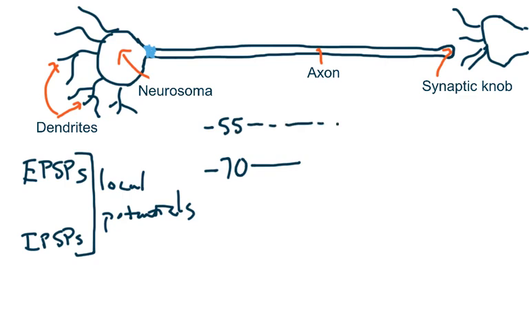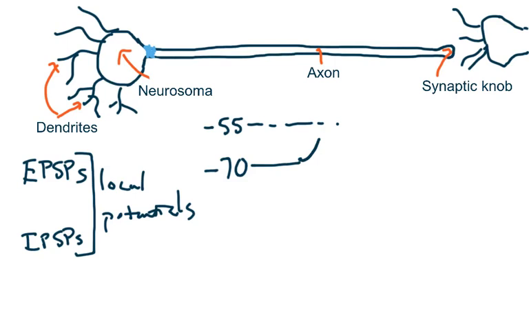An excitatory local potential is when some type of a signal, typically a chemical signal, opens a ligand-gated sodium channel, and when a sodium channel is open, you should already know that sodium is going to move into the cell. And if it moves into the cell, the positive charge goes with it. Therefore, the interior of the cell becomes less negative.